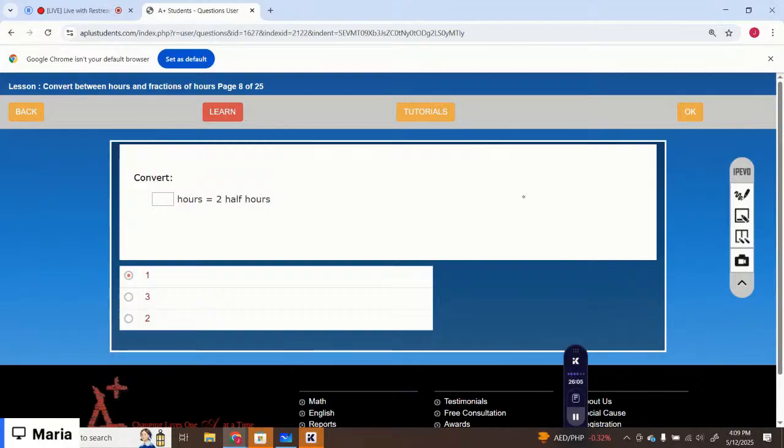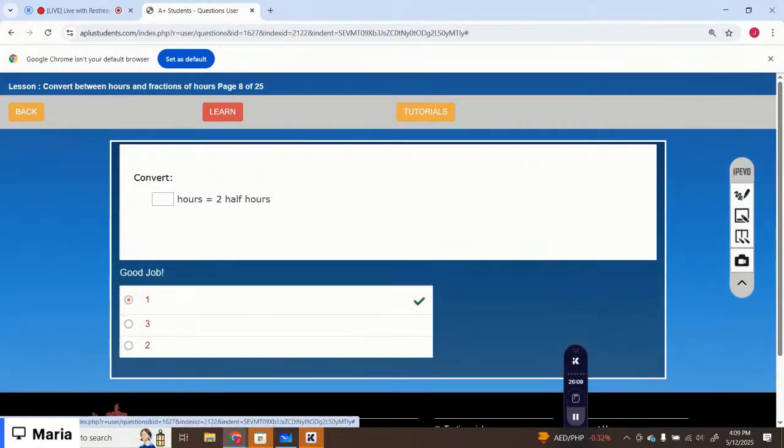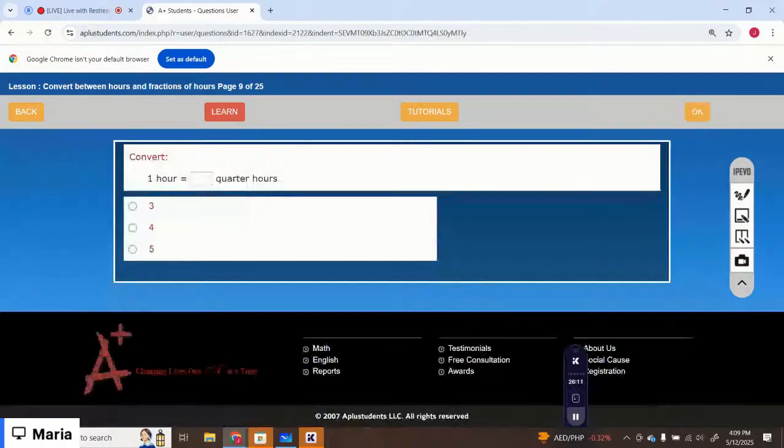The correct option is 1. 1 hour equals how many quarter hours? 1 hour equals 4 quarter hours.